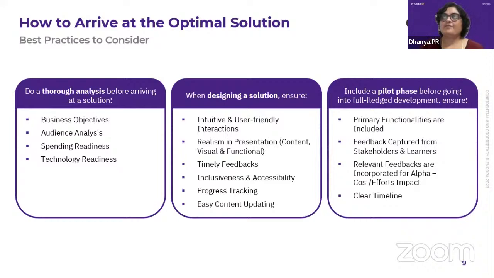Then incorporate whatever feedback we get in the next delivery, in the next alpha, but consider the cost and effort impact, because sometimes a very small feedback can have a cascading impact on effort, timeline and plan. So consider all those things, and always have a clear timeline in mind.